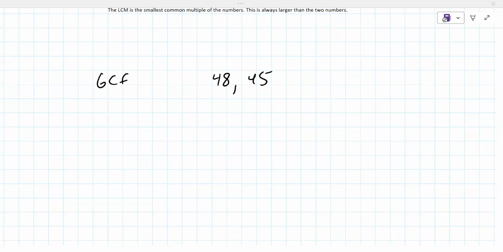So the GCF is 3, I think, if I did that right. The GCF is 3, yes.